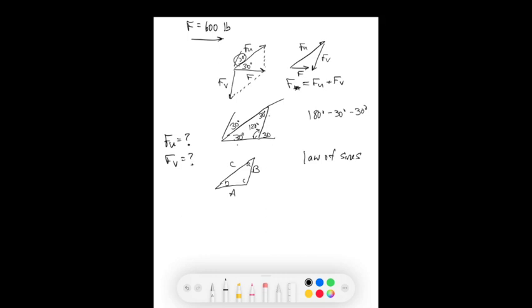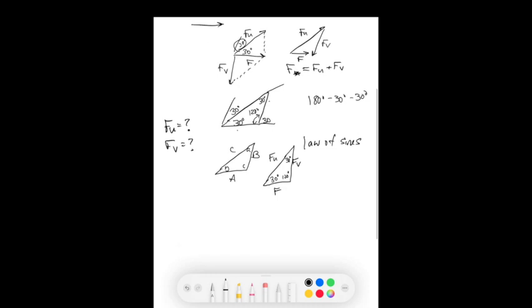That's what we're solving for. So we see in our triangle that this is F, this is FU, and this is FV. And we know these angles. This is 30, 120, and 30.